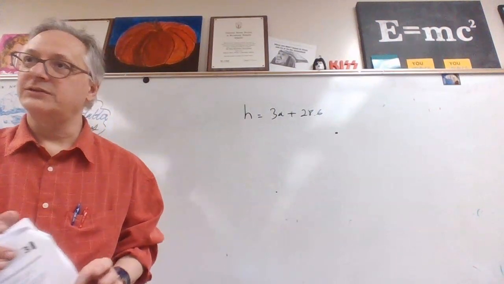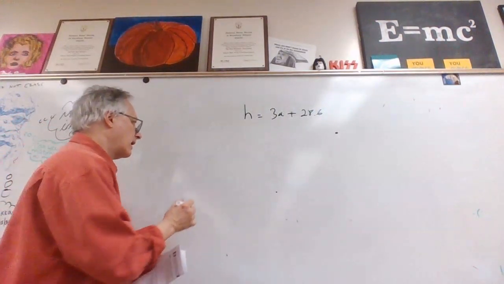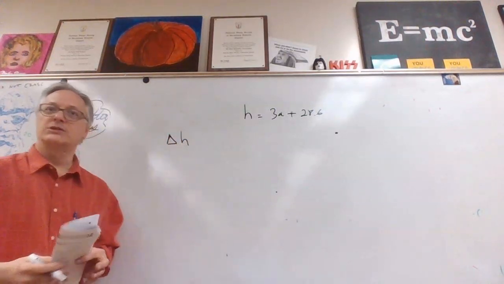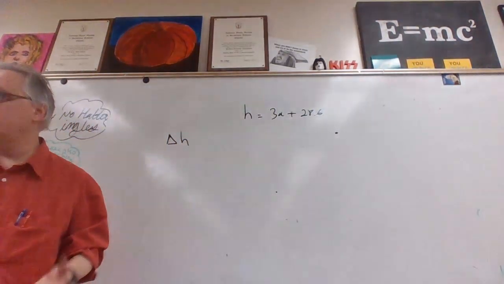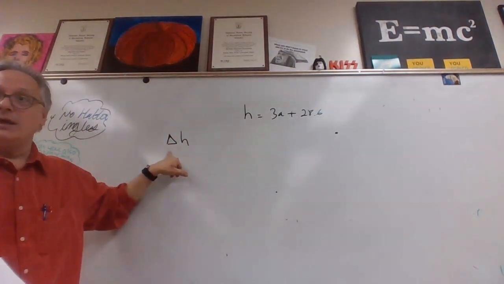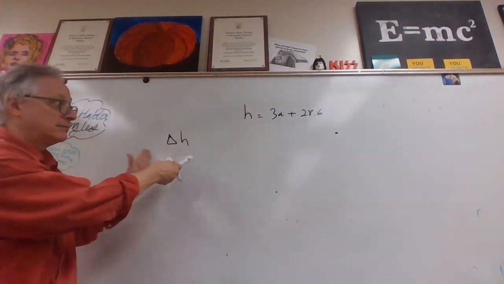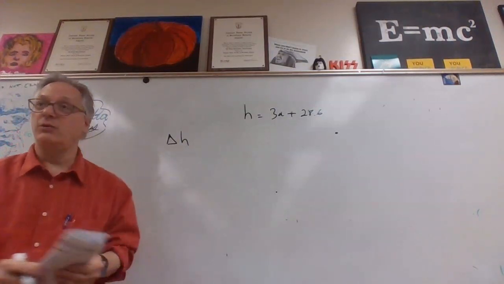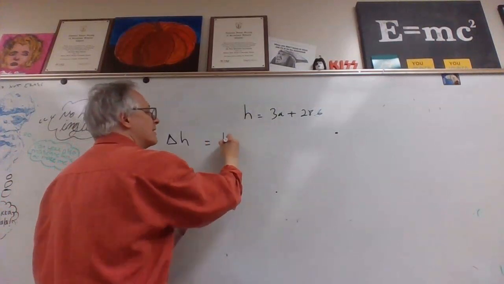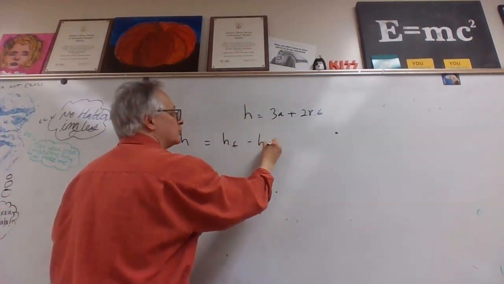Now you have to think about this for a little bit. We want to know essentially what is called the delta H, right? The change in height per year. That's what that delta means. You don't have to use this notation if you don't want to, but it helps me to think about it, because I think that means the final height minus the initial height.